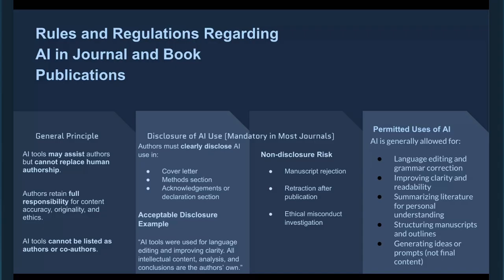If you want to summarize something or some literature to help people understand it better, then even that is acceptable. If you are trying to structure a manuscript or provide an outline for it, then using what is suggested by the software is acceptable.